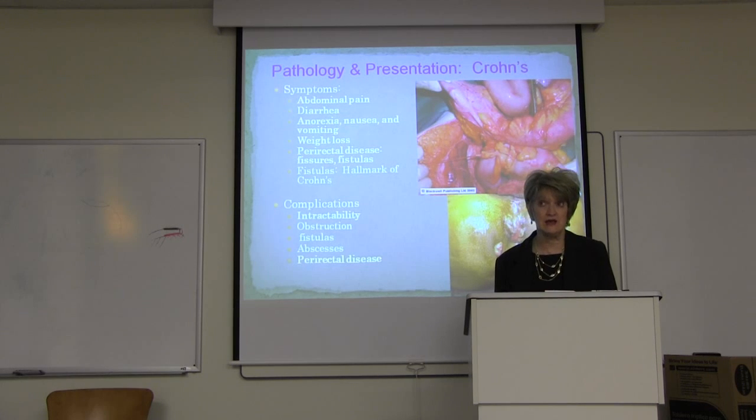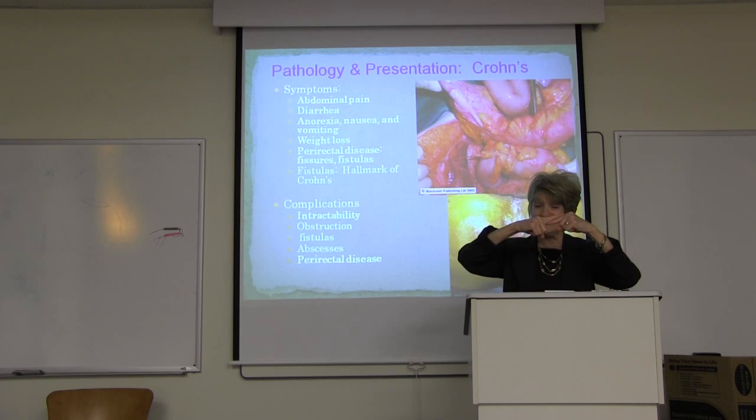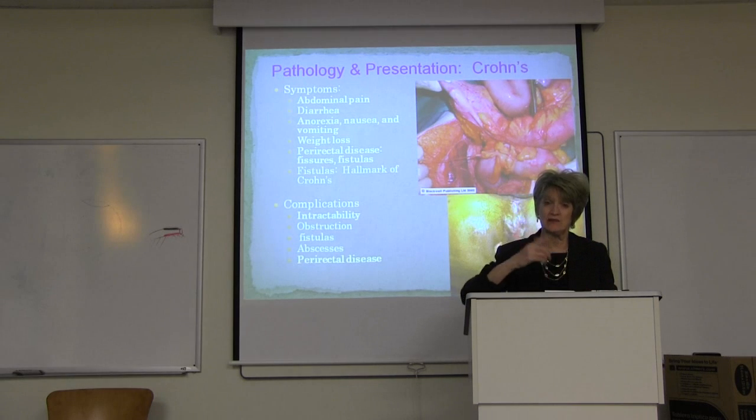The other thing that you see with Crohn's disease that you do not see with ulcerative colitis is fistula formation. Why? Because it's transmural. So the outer layer of the bowel, the serosal layer, becomes very sticky. Think about the way the loops of bowel are all crammed into the abdominal cavity right next to each other. So if this loop's very sticky and this loop's very sticky, it's very easy for these loops to stick together, and then the inflammatory process can create a fistulous tract between the two.